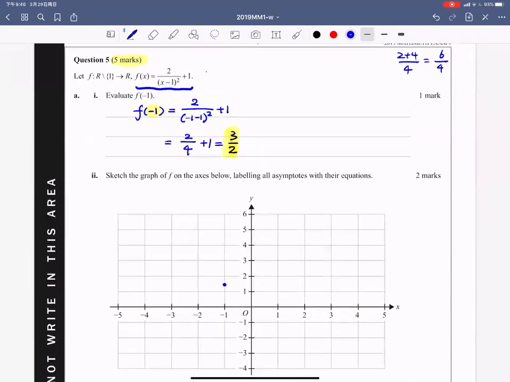And I should recognize this is a truncus. A truncus has an asymptote of x equals 1, y equals 1. So using your ruler, a ruler will be helpful.